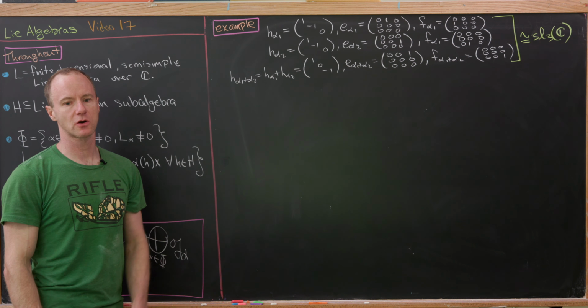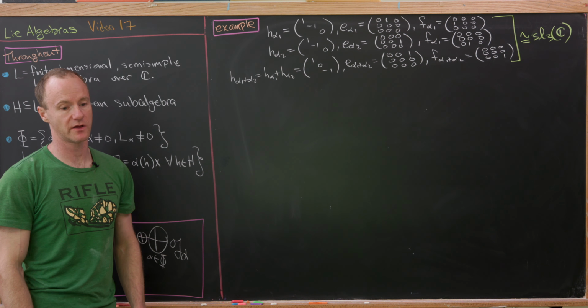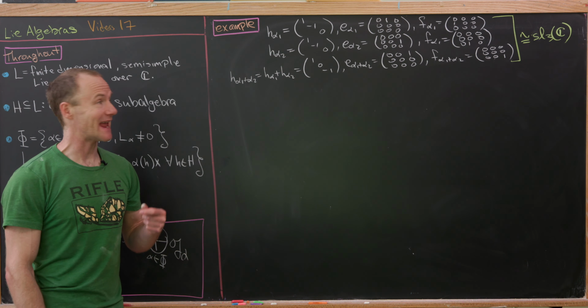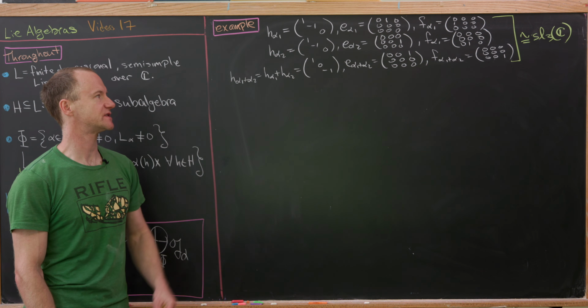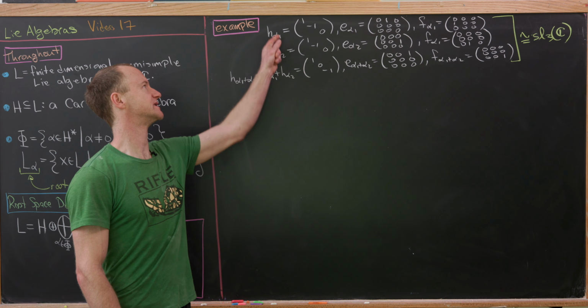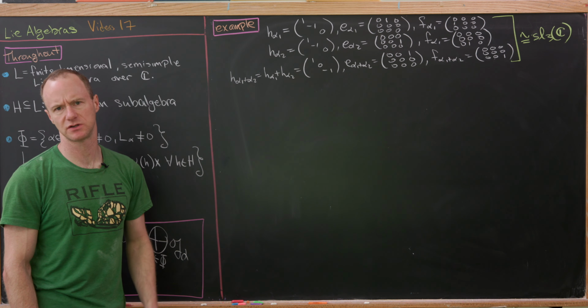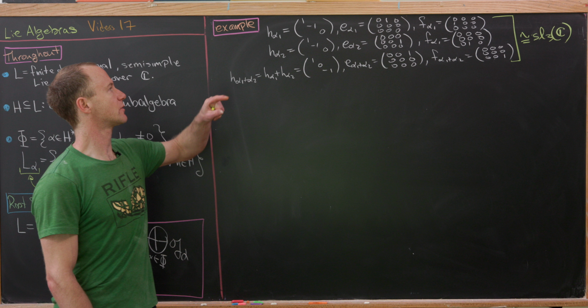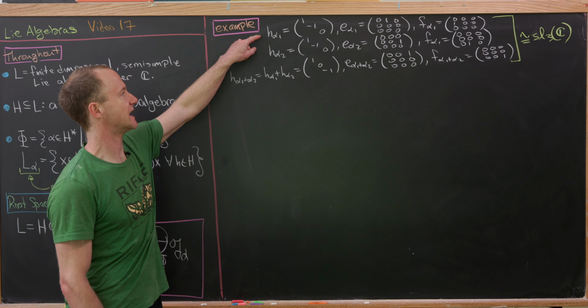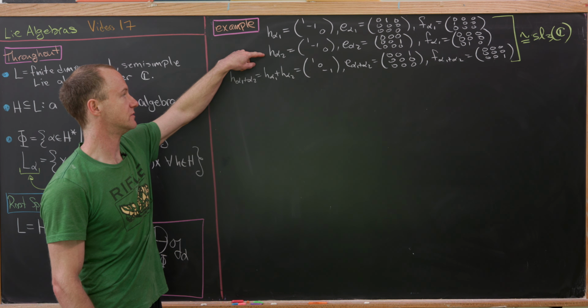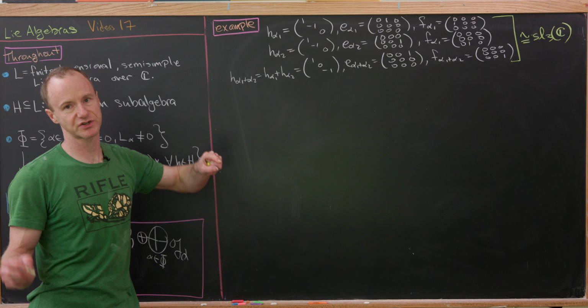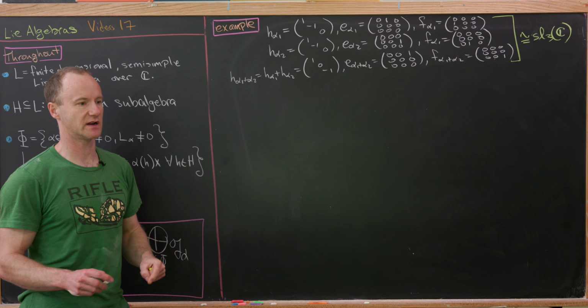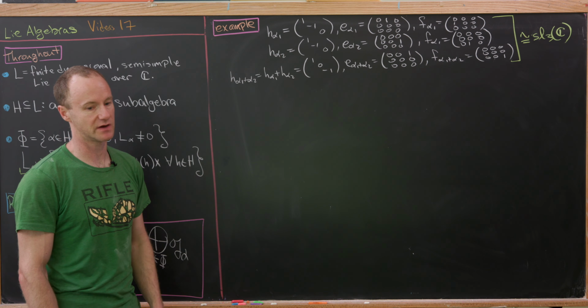Now let's start with a copy of SL3. Recall that it's 8-dimensional. I have 9 matrices up here, but notice that one of the matrices is a sum of 2 others. Here we've got the Cartan subalgebra H alpha 1 and H alpha 2, and their sum, which is going to be important, so I've written it on its own, but it's not independent of those.